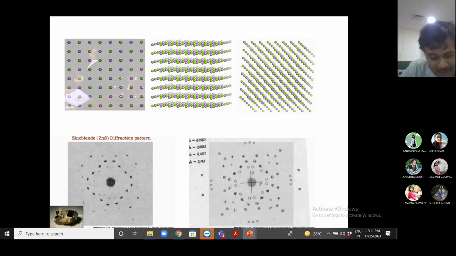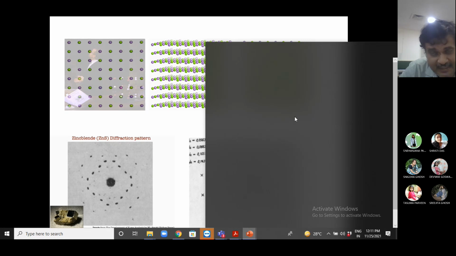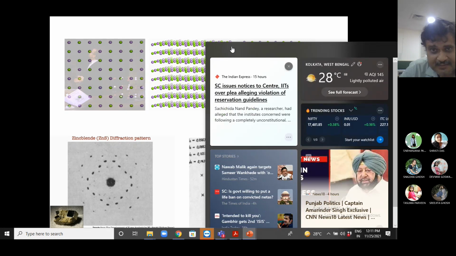Bigger molecules means I am not talking about protein, like say penicillin, like vitamin D. Those are very big molecules. It is not like sodium chloride or cesium chloride, just one place, one atom sitting, and they are diffracting. So in this case, how to get this?